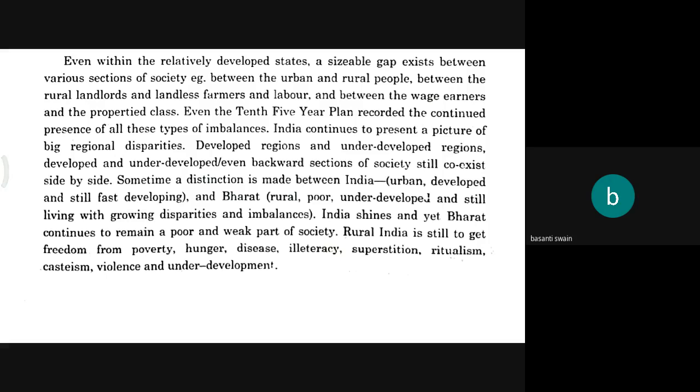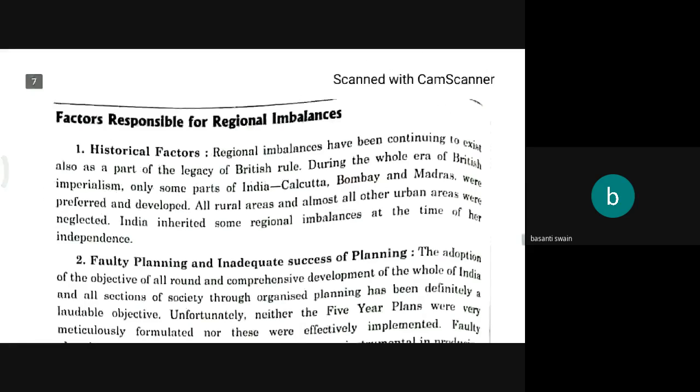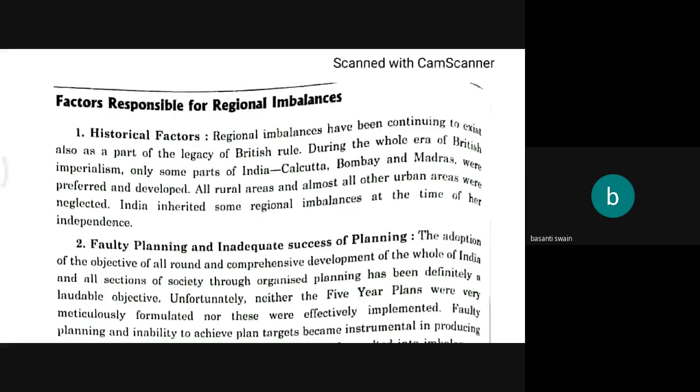So now we'll acknowledge the factors responsible for regional imbalance. There are so many factors.